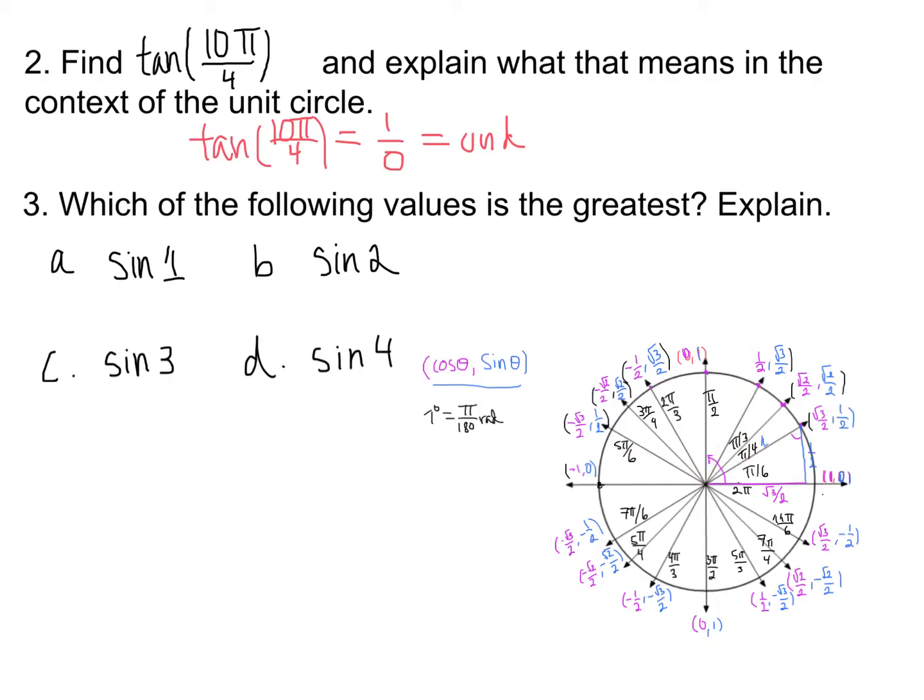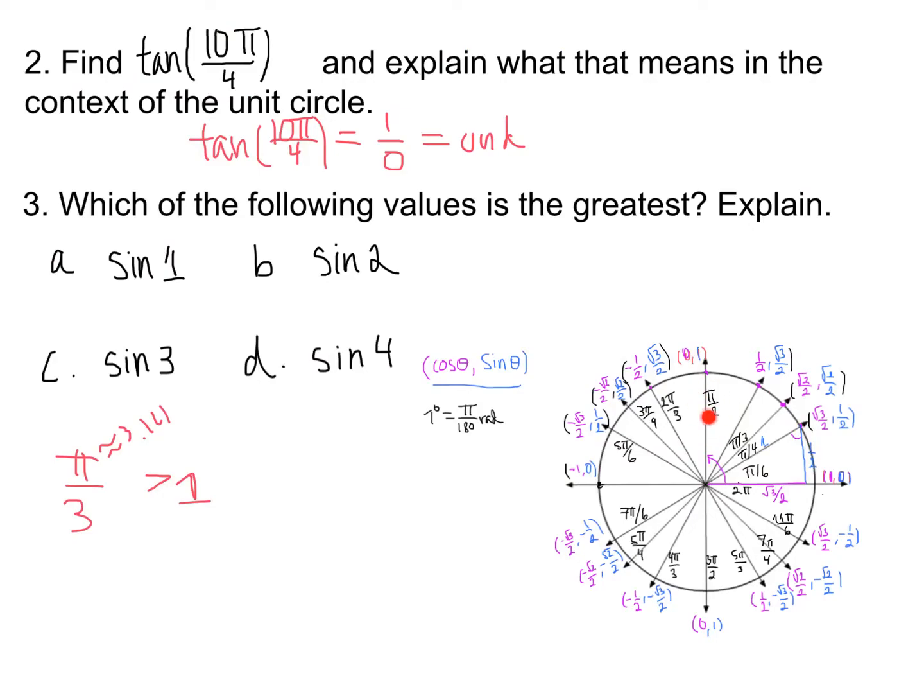So consider pi over 3, right? Pi over 3, well, pi is about 3.14. So this is a little greater than 1, just by a little, right? So if I think about where 1 radian is, where is it going to be? Think about it. Is it going to be a little past or a little before pi over 3?